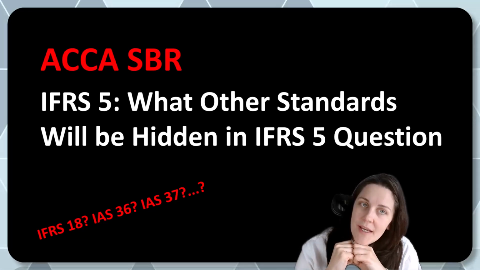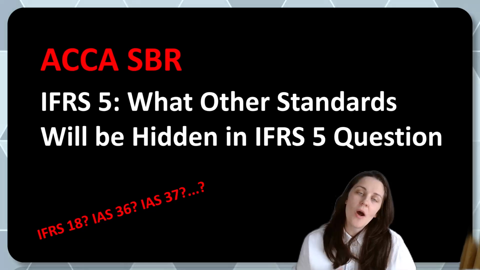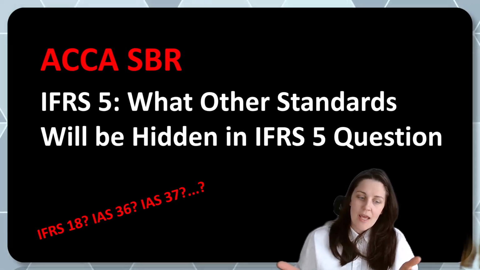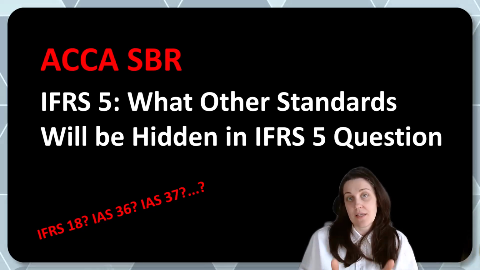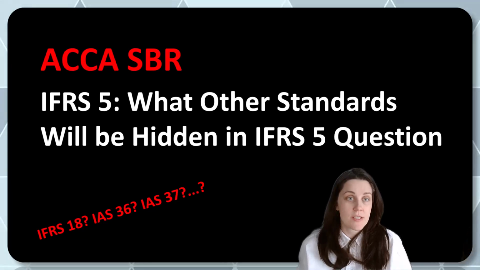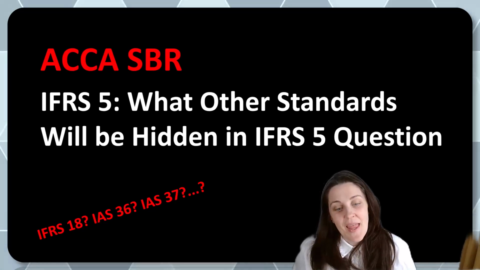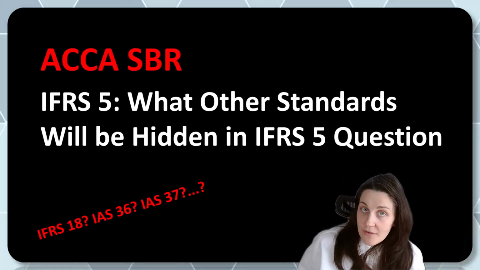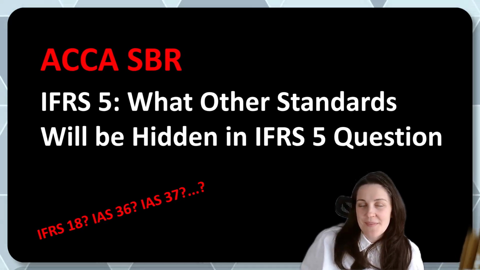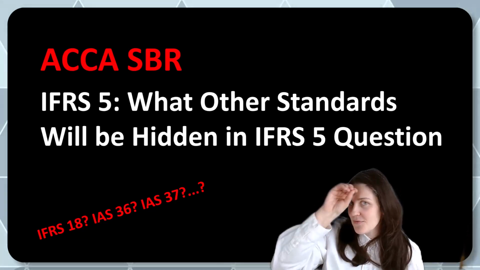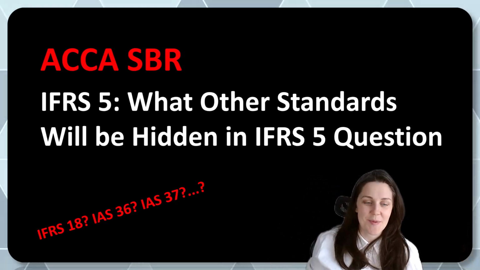And on top of that, you would need to know what to do if your asset is no longer probable for sale. So if something has changed in your plan. And IFRS 5 is tested pretty frequently. So it is important to focus your attention to this very aspect.